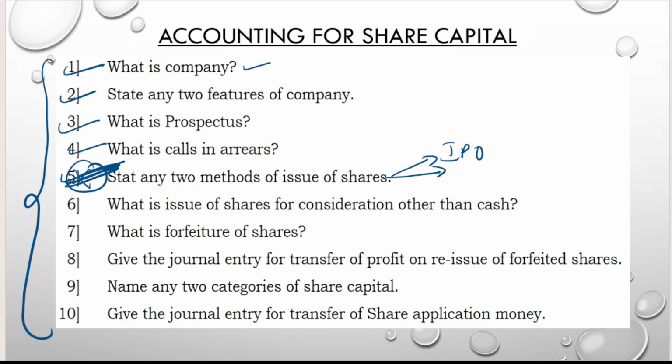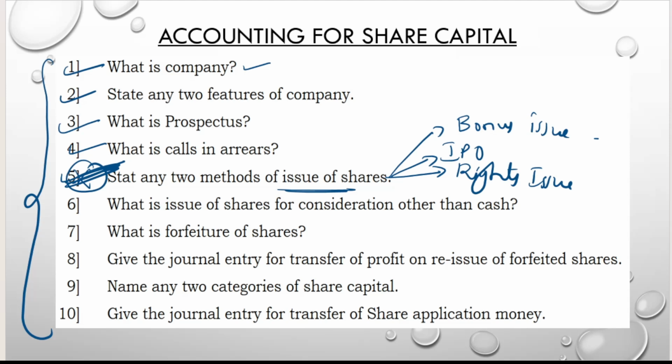Initial public offer, rights issue, bonus issue, etc. You have to write this one only, 2 methods of issue of shares. So many people will write issue at par, premium, discount. Please don't write that. That is not a correct answer. 2 methods of issue of shares is initial public offer, IPO, bonus issue, rights issue.